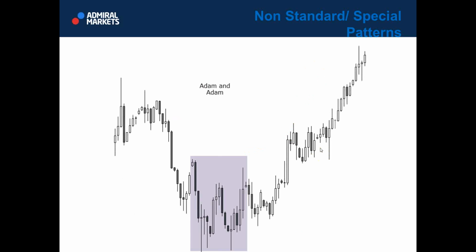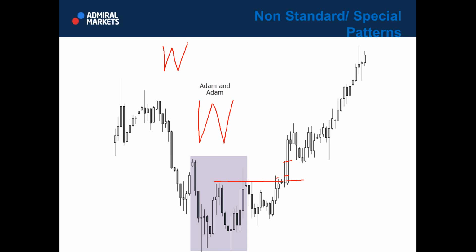Adam and Adam, the same thing applies for Adam and Adam as for W. But Adam and Adam has a double bottom. So it's usually good to place your trade here, and you go with a breakout of this point here. Once this is shown on your chart, you treat it as a bullish W. So at this point, you can see it was tradable. The only difference between Adam and W is that Adam has a double bottom.